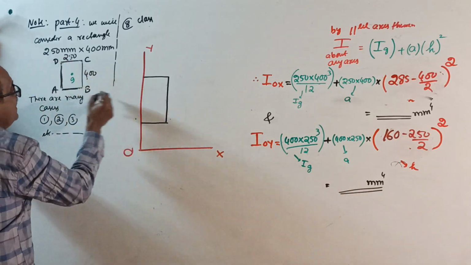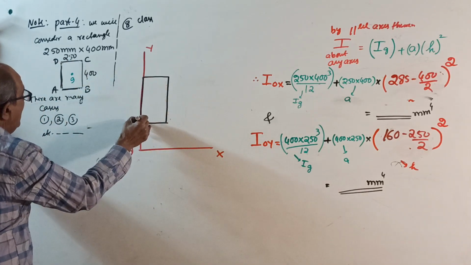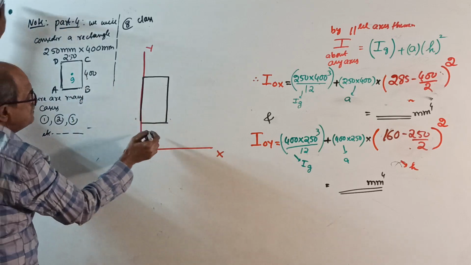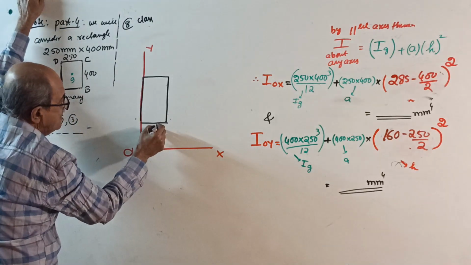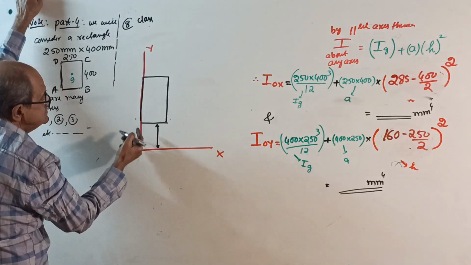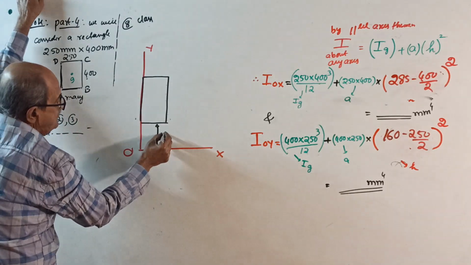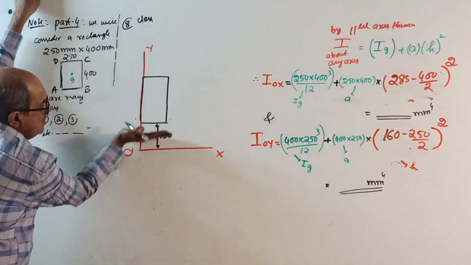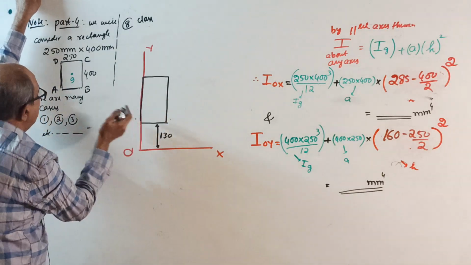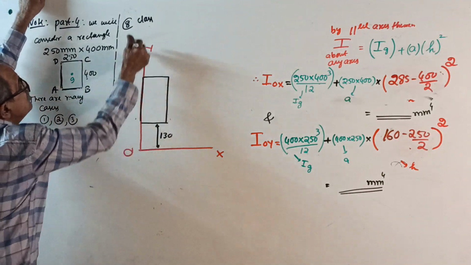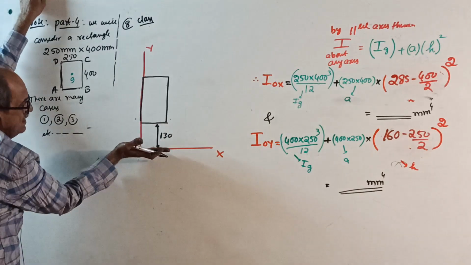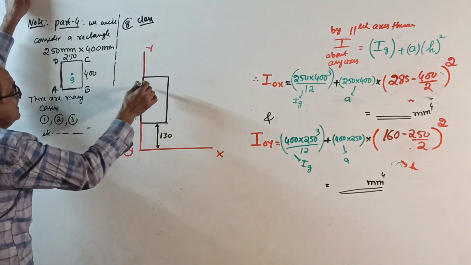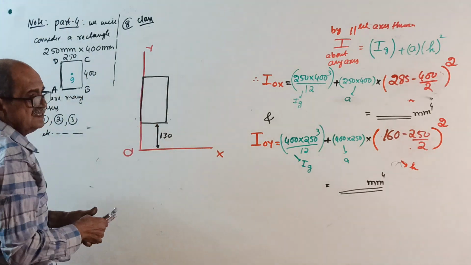And the rectangle is placed, as given in the question, at 130 mm above the OX axis. You should write here: rectangle is placed above OX by 130, and so that AD touches this line. Okay, start.